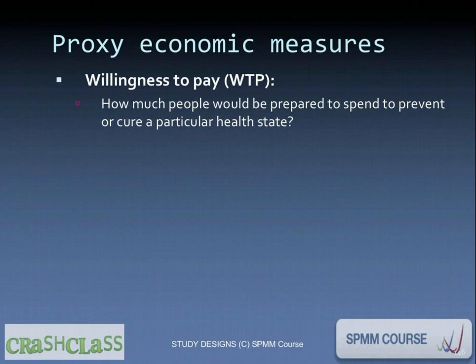Now, willingness to pay is a little misleading when it comes to mental health, because for alarming conditions such as cancer, stroke, myocardial infarction, people generally put more money value to get better. But for problems like anxiety, depression, even though they're very disabling and disconcerting, the money value that people put to get better from those states is not very high. So willingness to pay could be a bit misleading, but that's what we use often as a proxy economic measure.